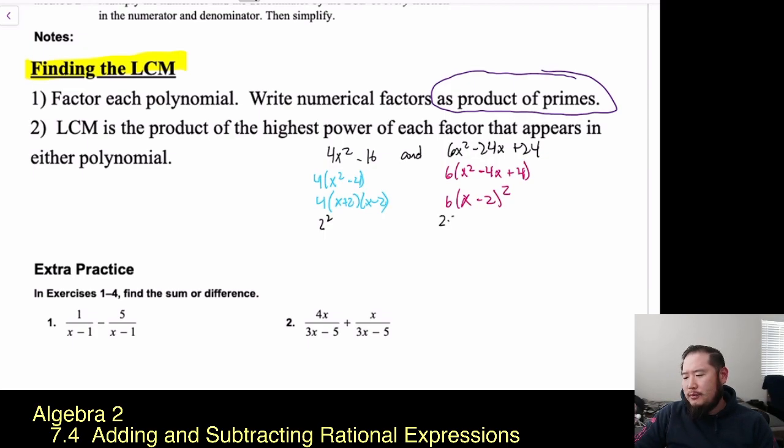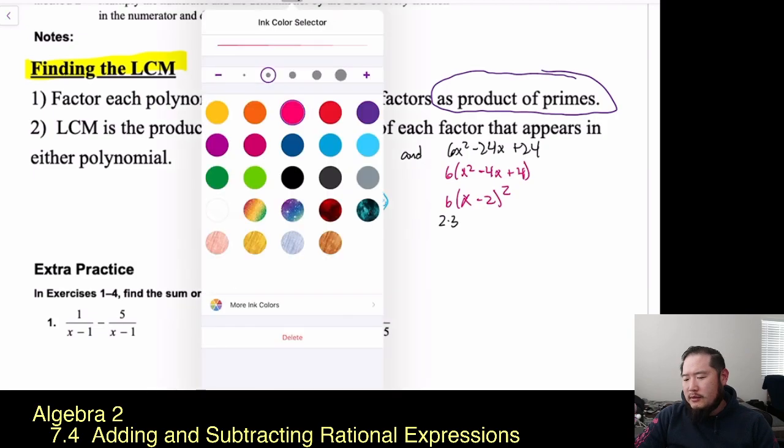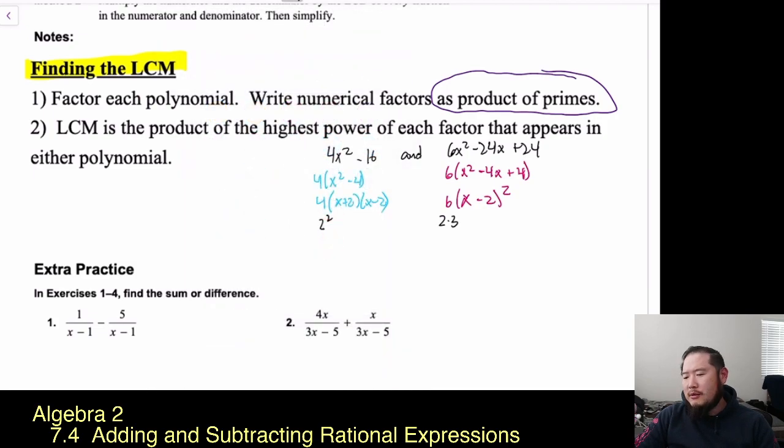I'm taking a look at the highest power of each factor. And I see right here I've got a 2 to the second power. That's the highest power, right? Because step 2 says this LCM is the product of the highest power of each factor that appears in either polynomial. We also have an x plus 2 and x minus 2.